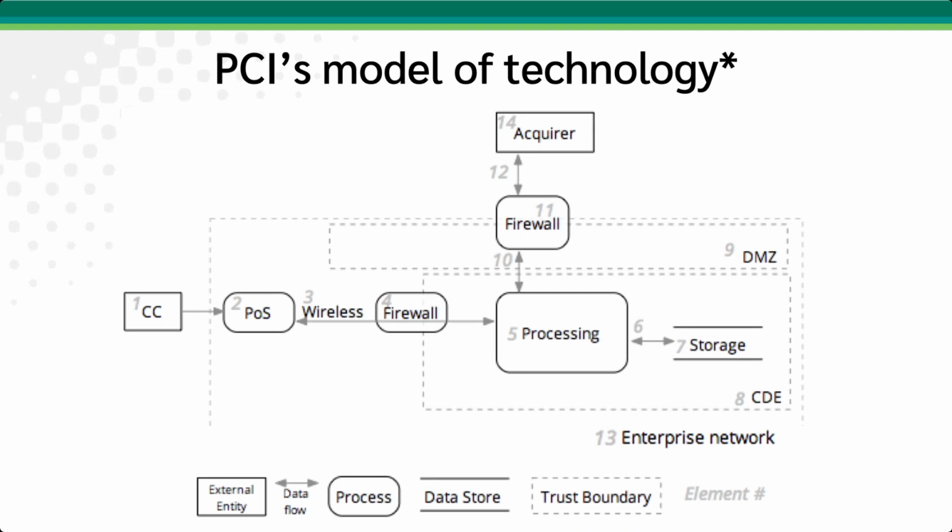That card data environment talks through a separate firewall to an acquiring bank. And an acquirer is a bit of jargon for the bank which acquires the transactions from the merchant and ships them back to the bank, the issuer, who is issuing the cards to consumers. And so we've got a model of how this works here.